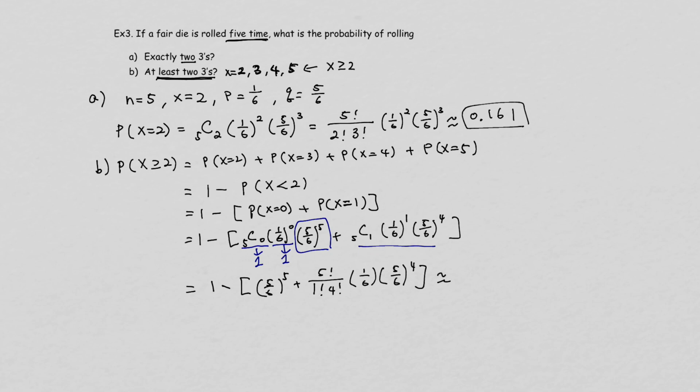This gives you somewhere close to 1 minus 0.804. So again, the probability of x greater than or equal to 2 means 1 minus 0.804, so it will be 0.196.